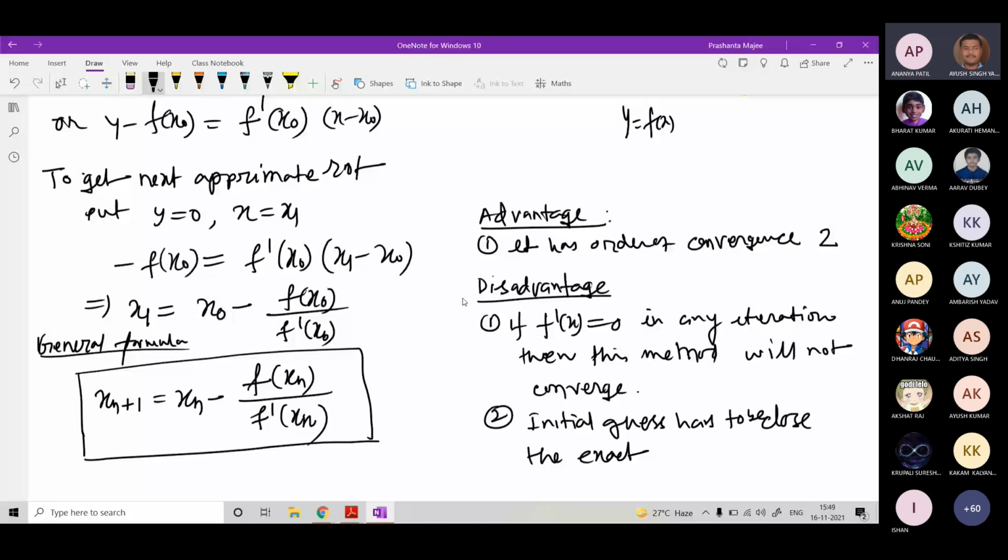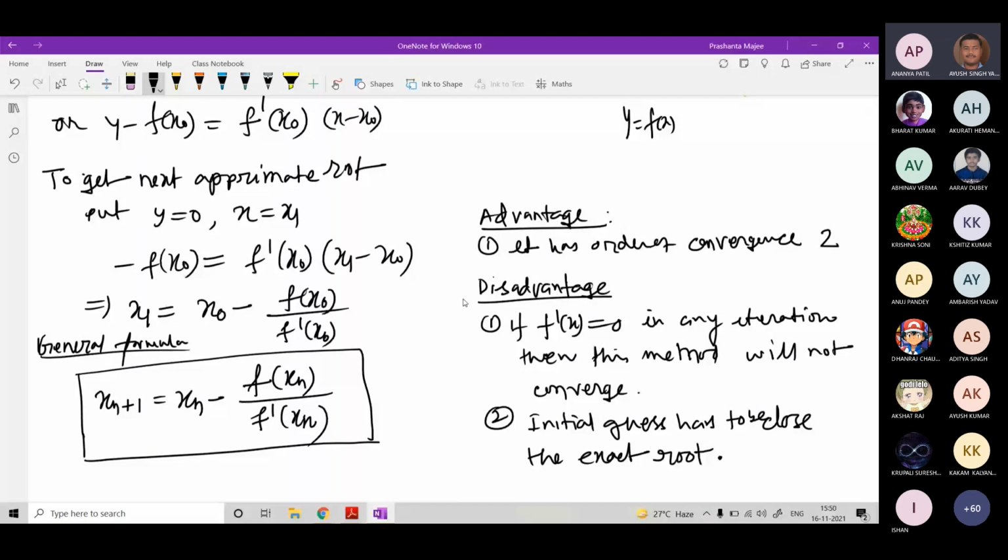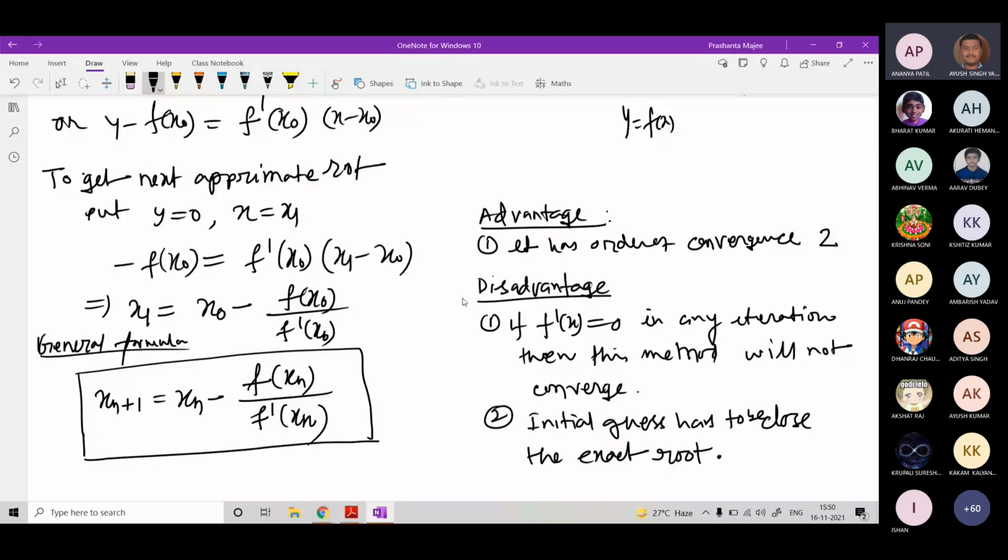The point x0 which you are choosing initially has to be close to the exact root. Means you should make a precise initial guess, which is not very easy. So to apply this method, you have to use the bisection method to get a reasonable initial guess, and then you can use this Newton-Raphson method to make that solution very accurate.